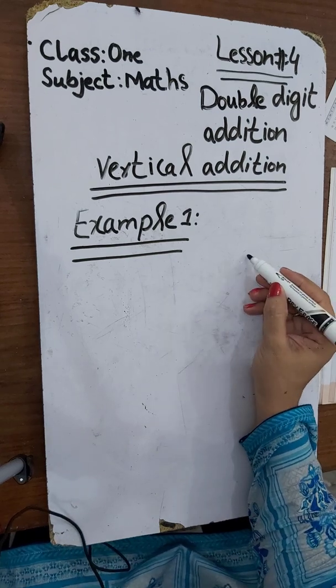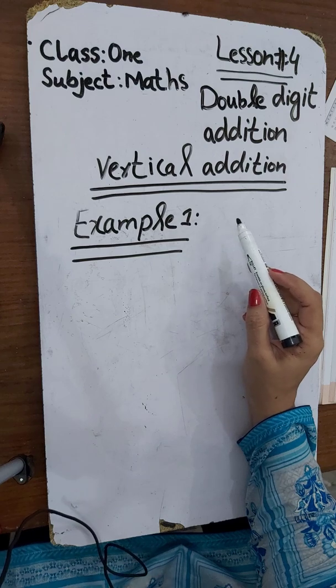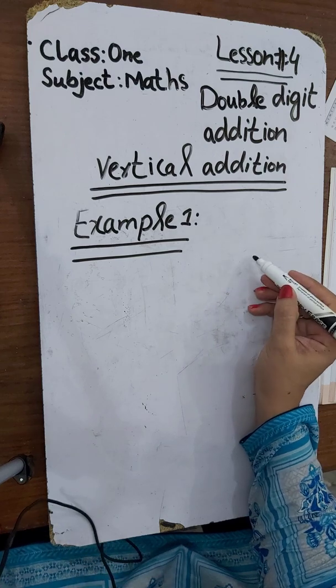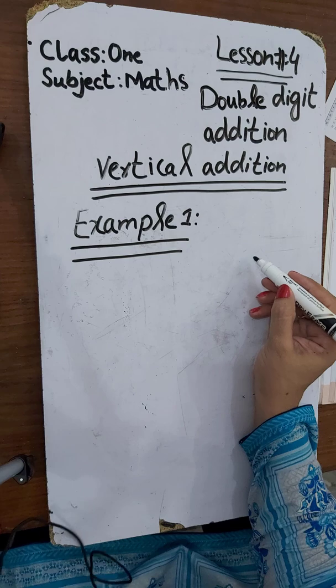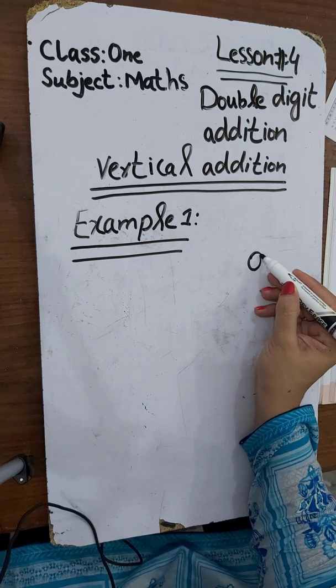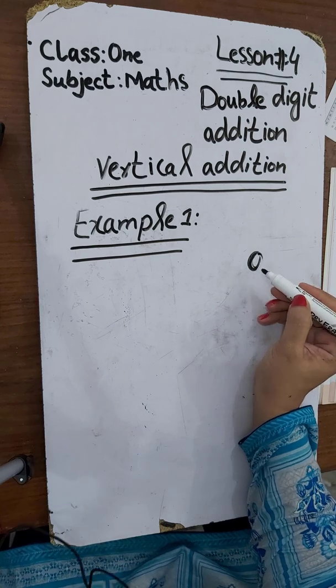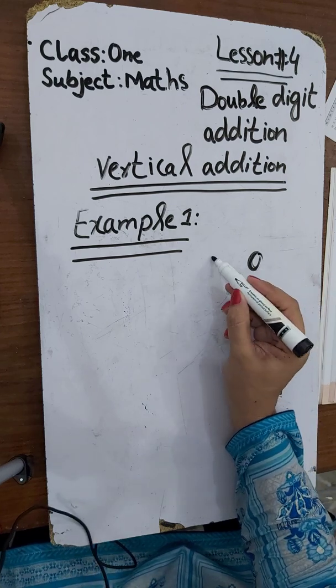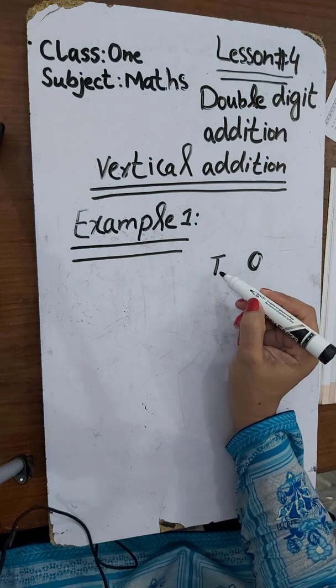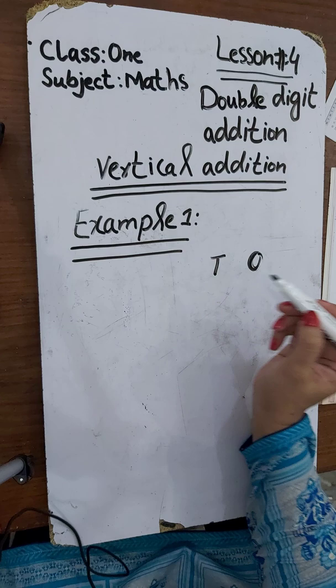Students, I told you that to write double digit vertical addition, we first use place value. You will write an O, which represents ones, then you will write T, which represents tens.